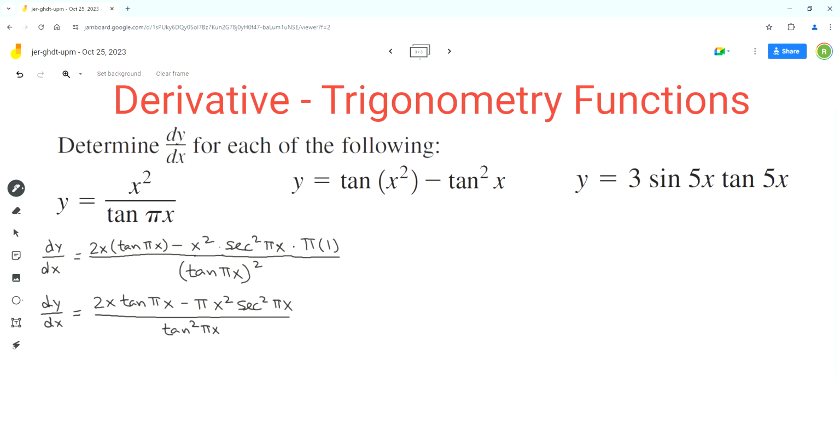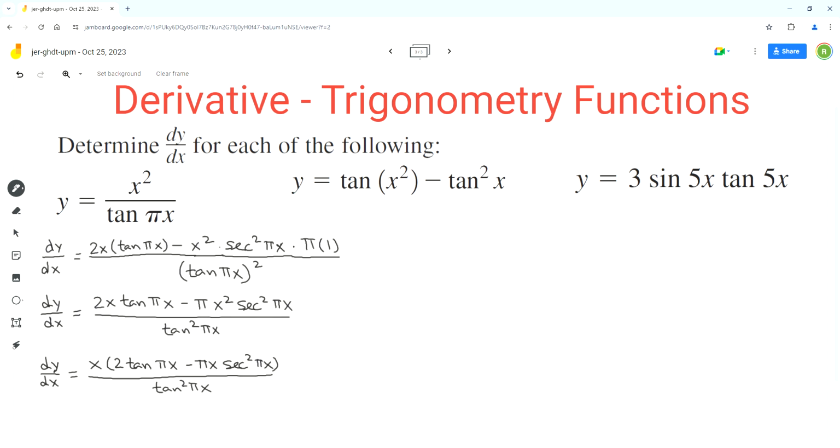Now we can simplify the numerator by factoring out an x. So we're doing common factoring. So this should be the final answer for the derivative of the first y equation.